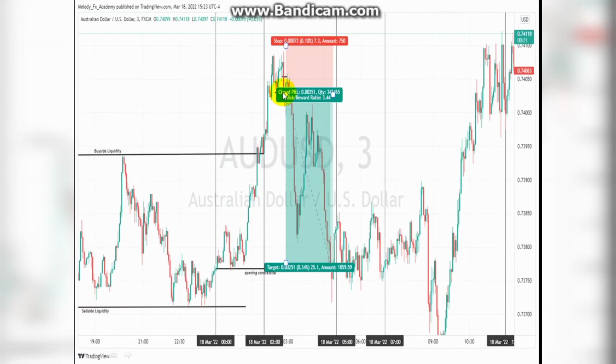For my profit target, I was expecting price to attack the sell side liquidity, but I decided to exit this market close to the opening candle. So I actually used this low as my TP to exit the trade. I was expecting price to attack the sell side liquidity because we are currently bullish.